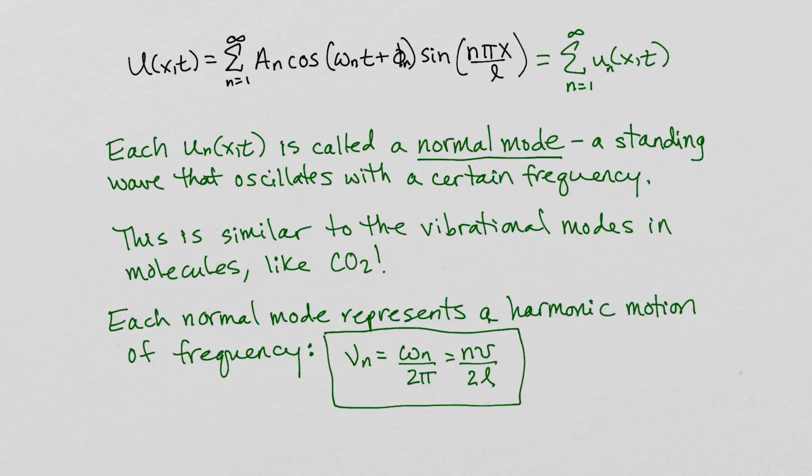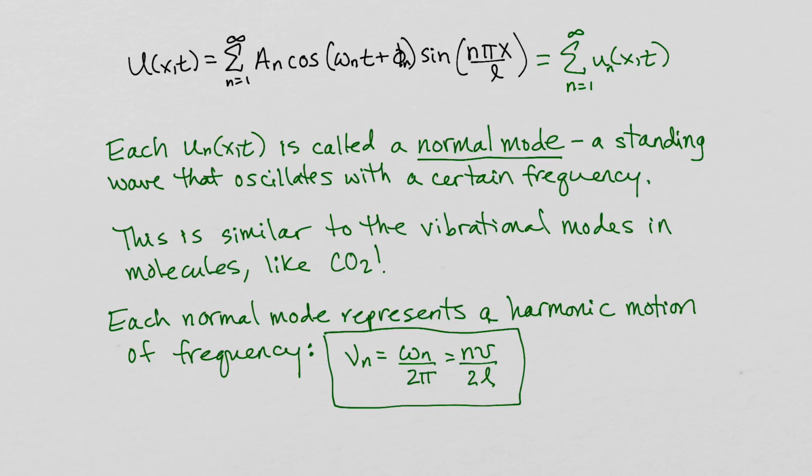Okay, so remember each one of these is a normal mode. This is similar to the vibrational modes in molecules. So like CO2, you have your symmetric, asymmetric vibrations, your bends. Each one of those molecular motions is essentially one normal mode.